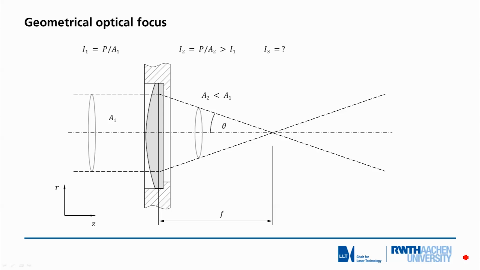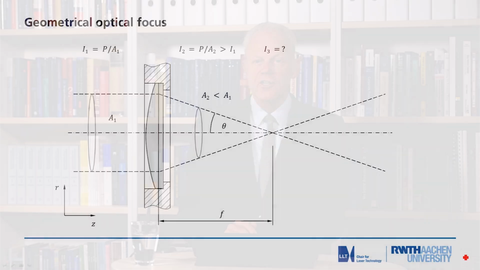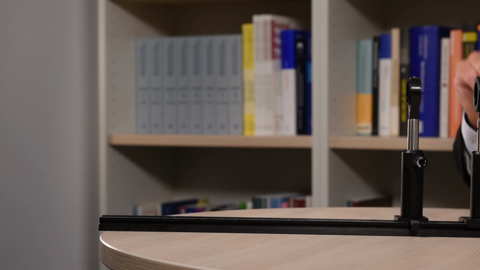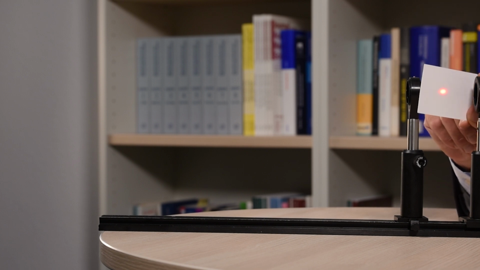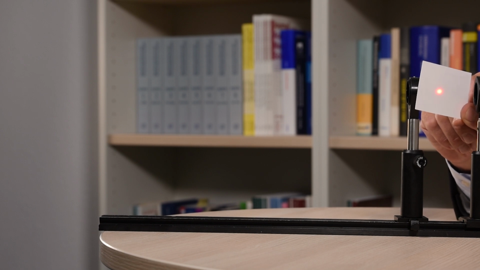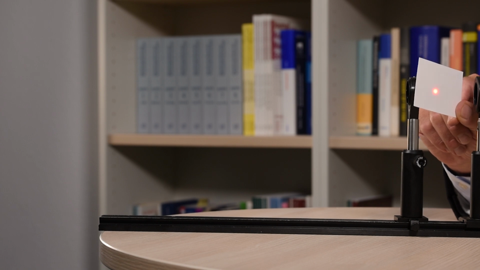So this theory definitely will not work for a real laser beam, because we know that a laser beam cannot have infinite intensity. To illustrate the real behavior of focusing a laser beam, we prepared a little experiment. What you see here is a focusing lens, and we have a laser beam just coming out of a laser, and you can see the beam distribution here.